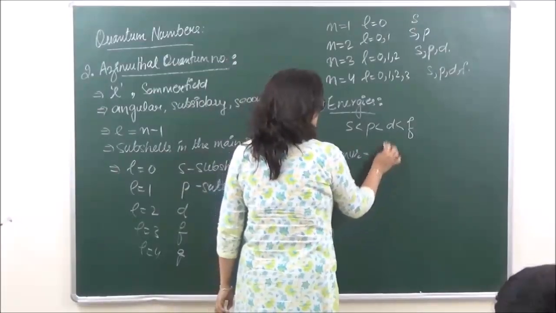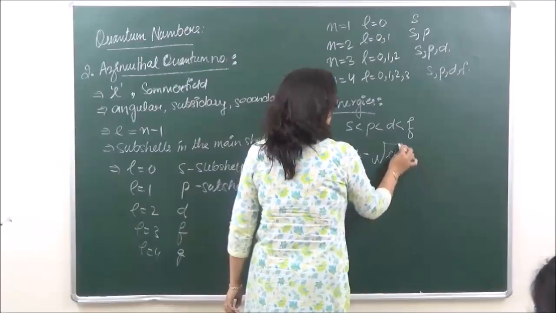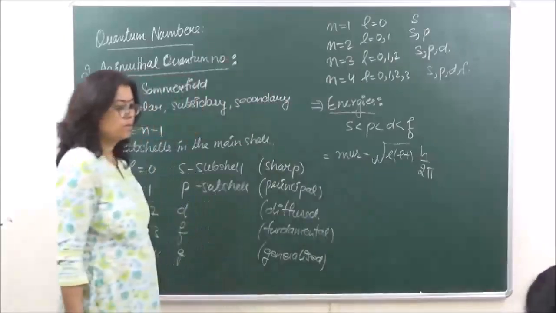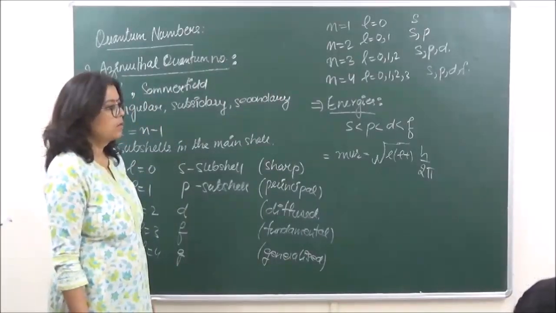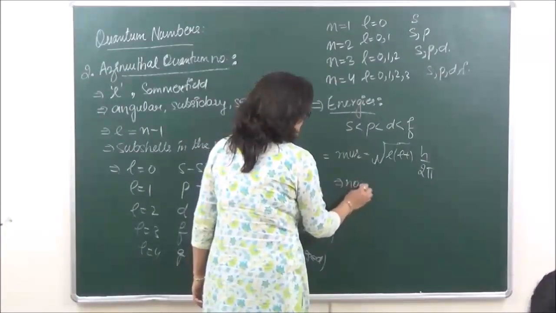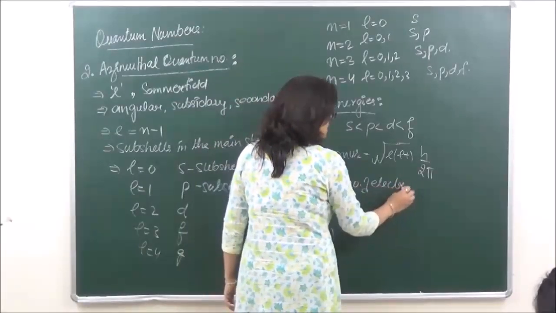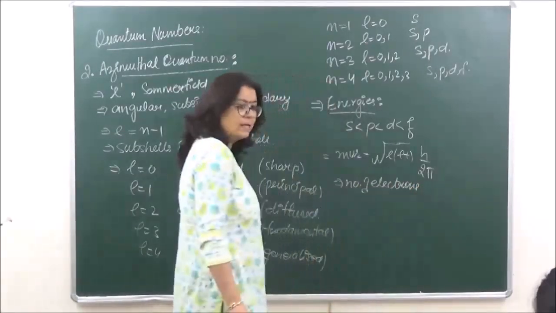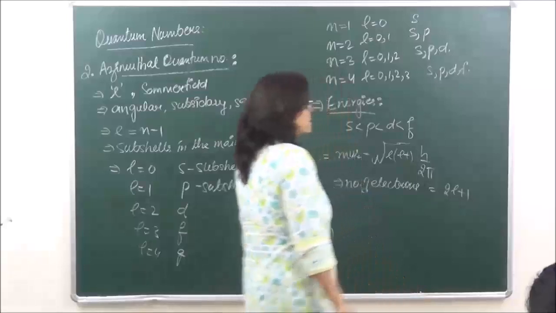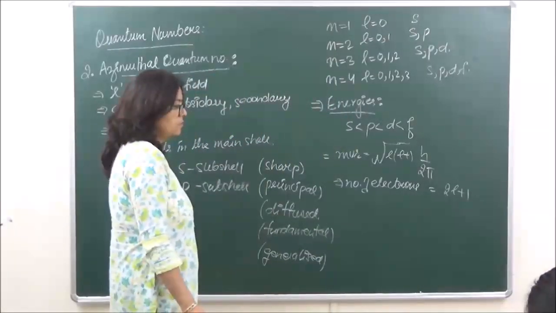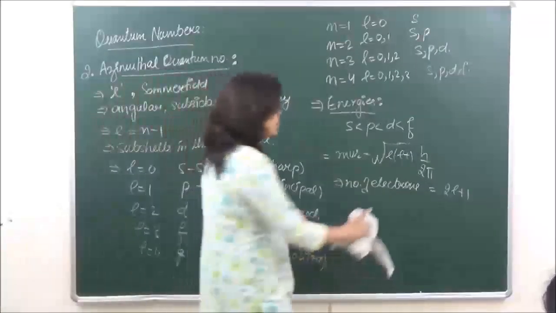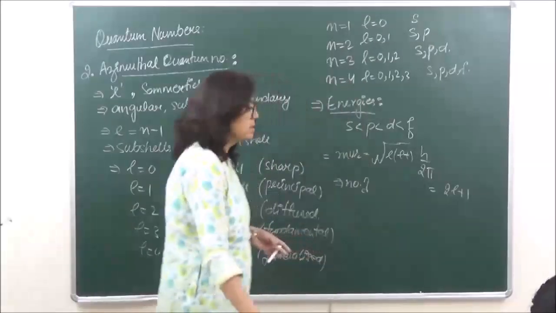It also helps us to calculate the angular momentum, which is equal to under root of L into L plus 1, h upon 2 pi. Okay, clear? It also helps us to calculate the number of orbitals in the subshell, which is given by 2L plus 1. Right? Sorry, not number of electrons, these are number of orbitals.